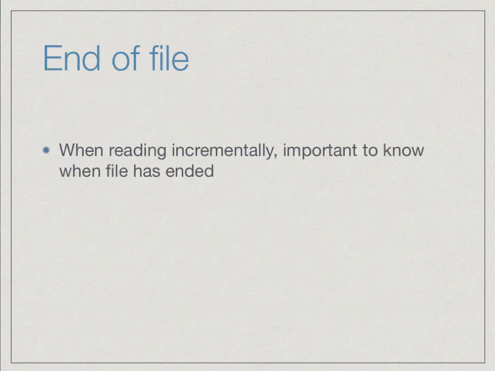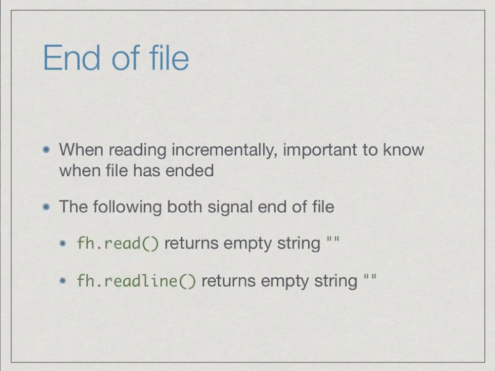Now when we are reading a file incrementally, it's useful to know when the file is over, because we may not know in advance how long the file is or how many lines the file has. So if you're reading a file line by line, then we may want to know when the file has ended. There are two situations where we will know this.